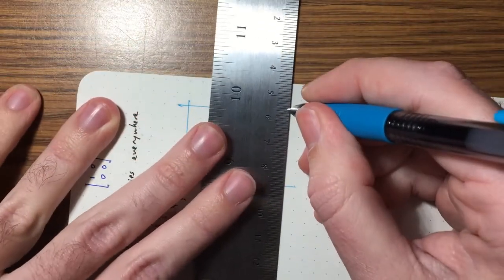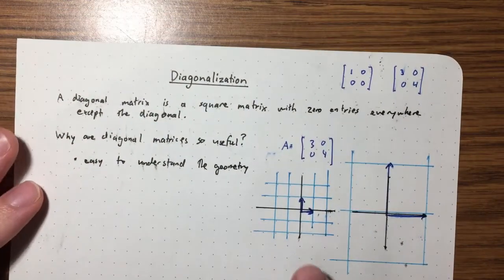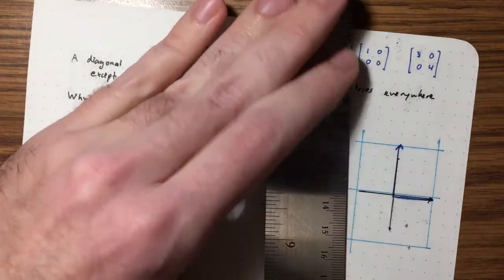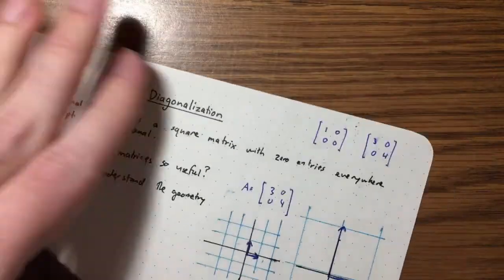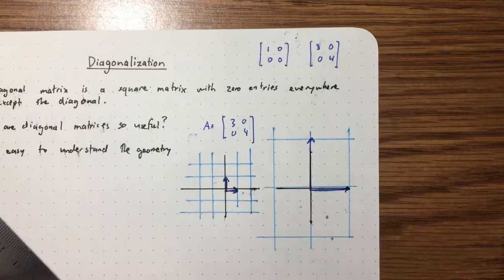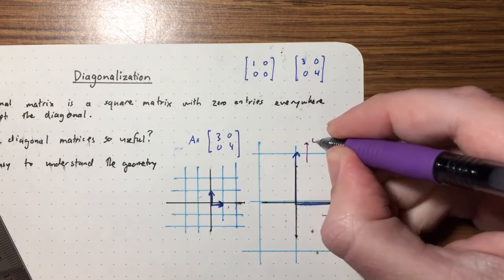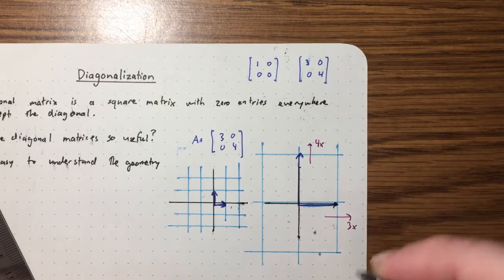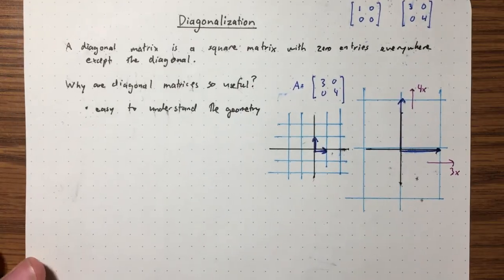It's just stretching by a factor of 3 this way, and by a factor of 4 that way. All right, so easy to understand the geometry.